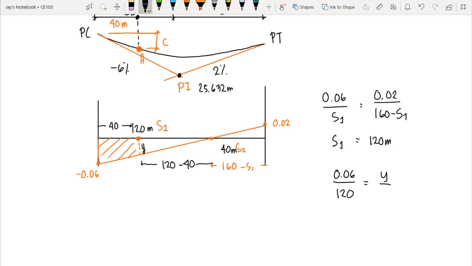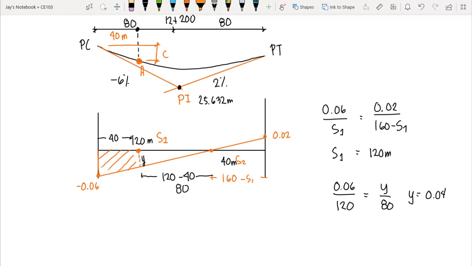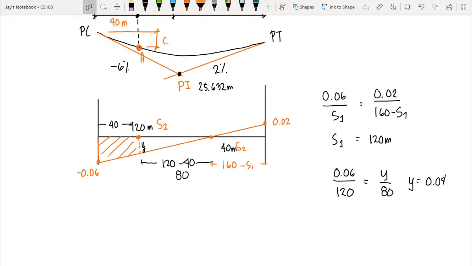So we have 120 minus 40, which gives us 80 meters. So we have Y over 80. So the value of Y equals 0.04, and this denotes the grade at point A, because as we all know, the grade is the vertical distance on our grade diagram. So Y here is equal to 0.04.